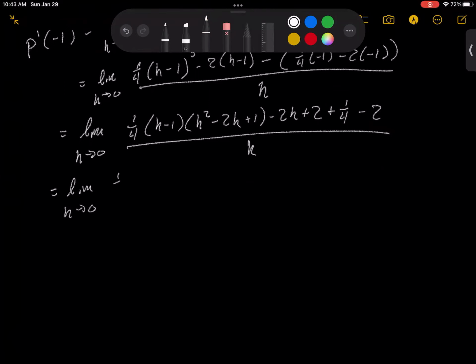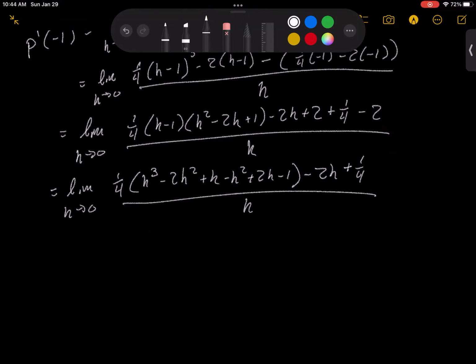What do we have here? 1/4. If I send this h through, I get h cubed minus 2h squared plus h. And if I send this minus 1 through, I get a minus h squared plus a 2h minus a 1. Minus 2h. Let's go ahead and cancel those plus 2's, minus 2's. So we have that 1/4 there, all on top of h.